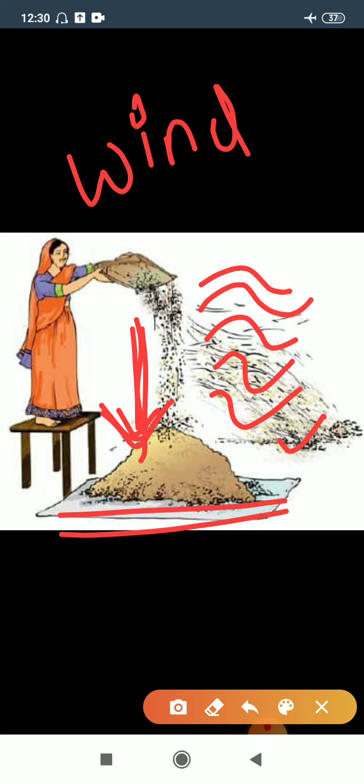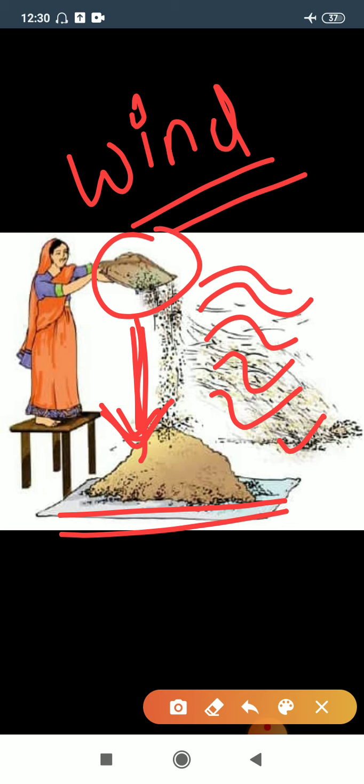So with the help of wind and this winnowing fan, we can easily separate the lighter particles from the grains. This method is called winnowing, because in this method, with the help of wind, the husk and food grains were separated.